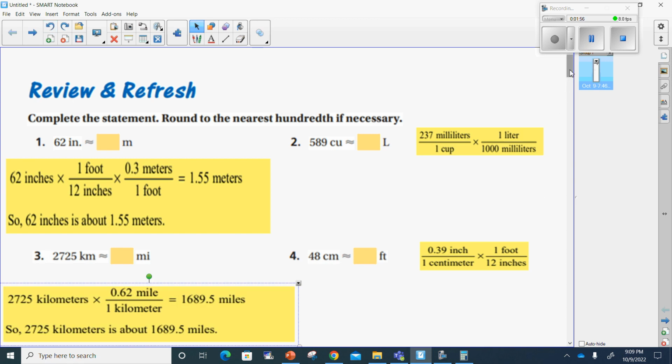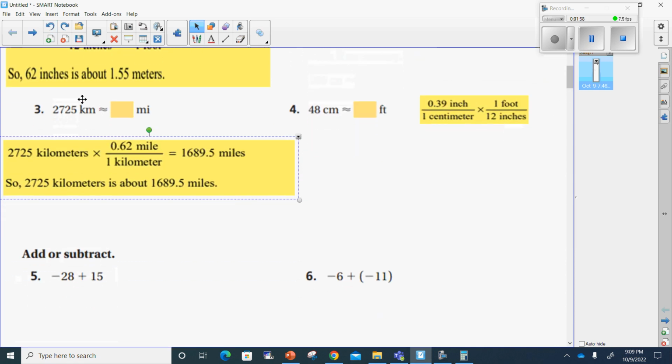And that is going to be, what is 2,725 kilometers in miles? Well, I have to multiply that by my conversion. 0.62 miles equals 1 kilometer. Once again, we're going to cross out our kilometers, top and bottom.